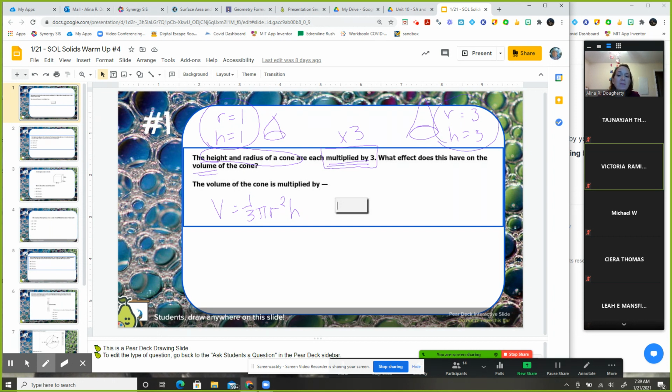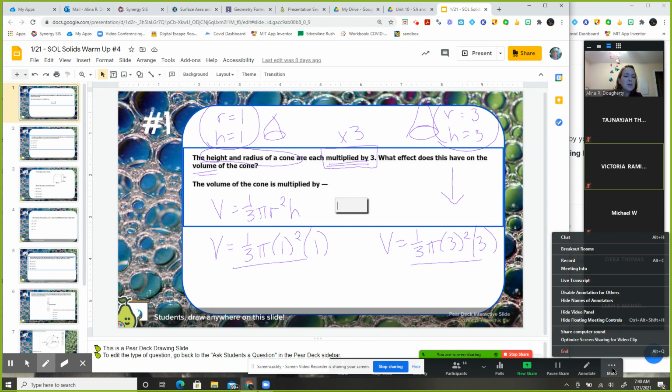So I need to calculate the volume over here. So the volume of the small shape is going to be 1/3 pi times 1 squared times 1. And then the volume of my bigger shape is going to be 1/3 pi, 3 squared, and 3. I need half the class to do that math problem and half the class to do that problem.